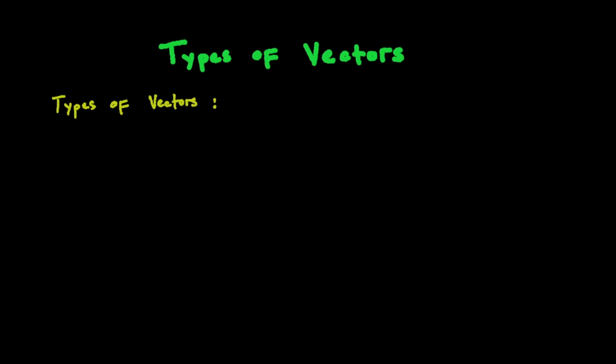As we look at types of vectors, we are primarily going to consider what are called position vectors. Then we will build upon position vectors to understand what are called displacement vectors. That is going to be the central thesis in today's lesson.